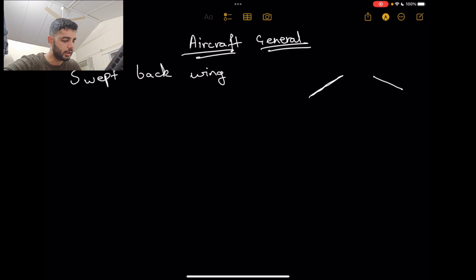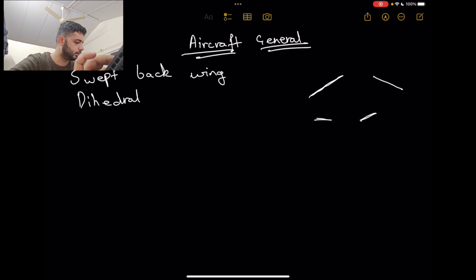Then we have dihedral. That means your wings, one second, let me pull up the correct image. It's like this, so it's got an angle up, right? Yeah, that's dihedral.